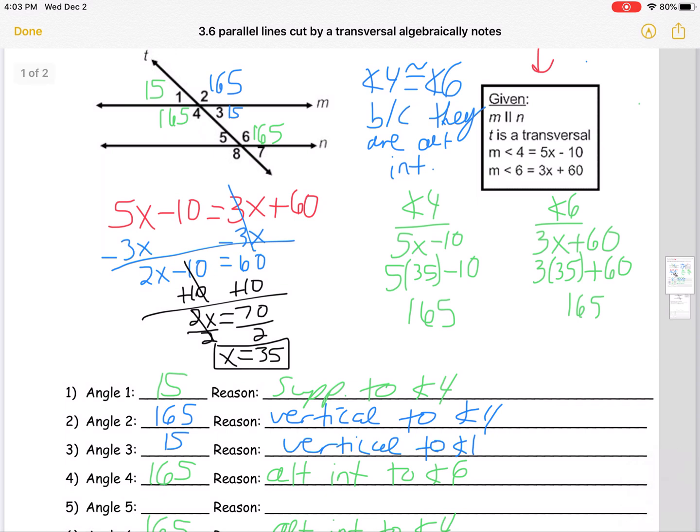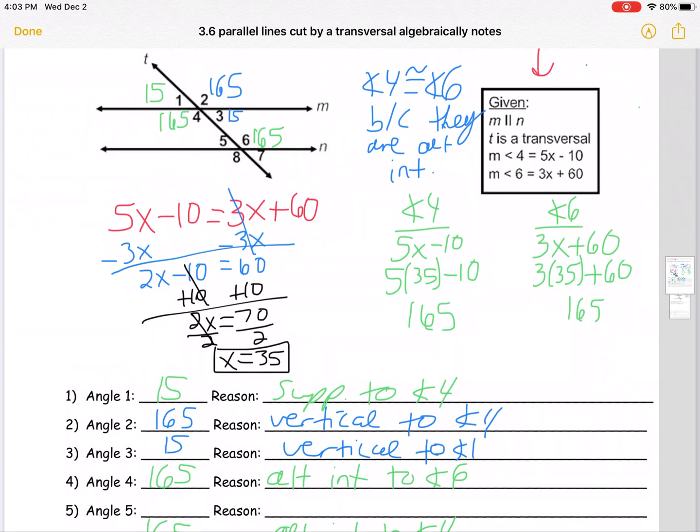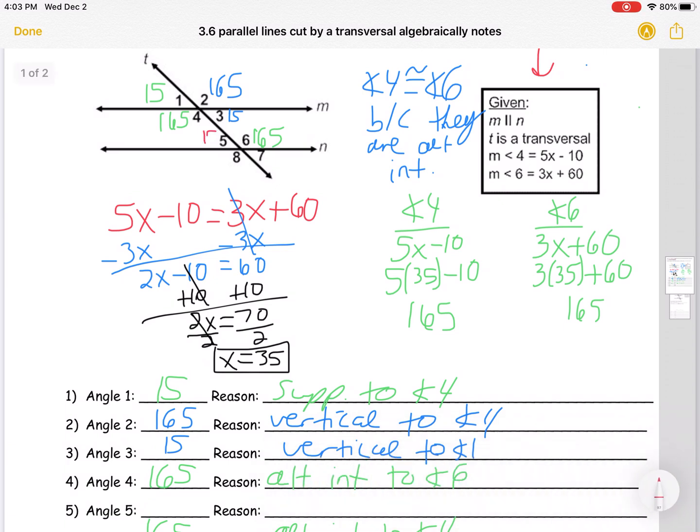Now, angle 5. There's a bunch of different ways I can figure out the measure of angle 5. No matter how we do it, angle 5 is going to be 15. So there's a couple things we can write. We can write it's supplementary to angle 6, so it has to equal 180. Or we can say it's alternate interior to angle 3.